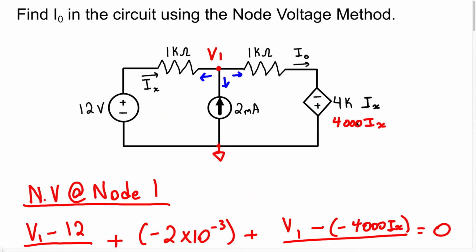Now, because we had a dependent source, we must find that dependent variable, okay? We know this is a current dependent voltage source. So we must find this dependent variable, which is Ix. So Ix is going to be the current flowing through this 1K resistor. Now notice how the current is flowing.